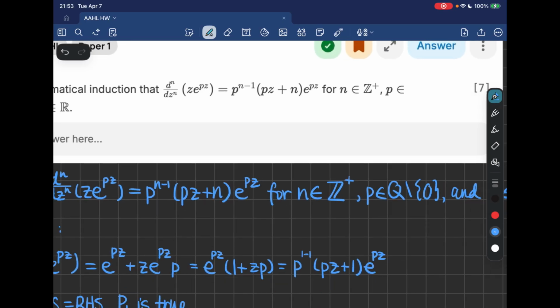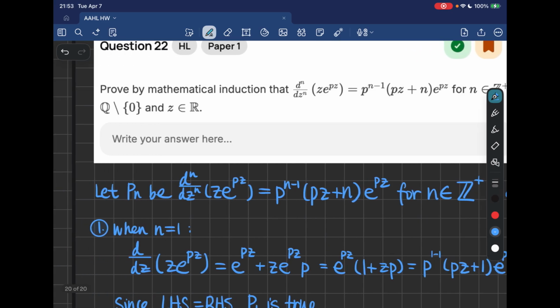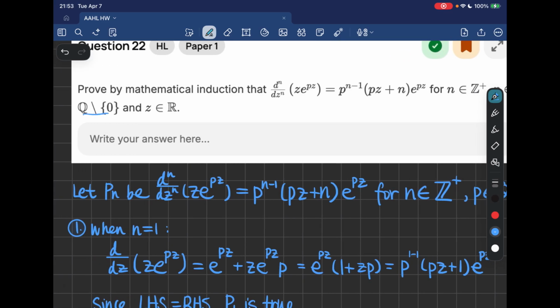So we want to prove that this always looks like this, and n is like z plus 1, 2, 3, 4, 5, 6. So that's corresponding to what I said about the first derivative to the nth derivative, right? P is a rational number, z is a real number.